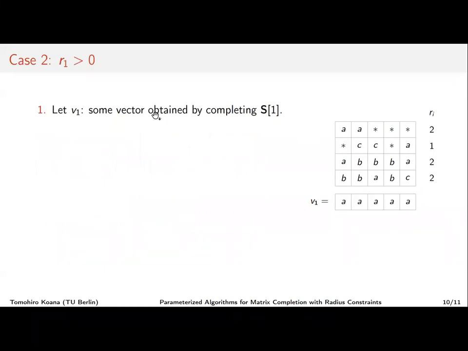So now let's get to the second case, which is a bit more complicated. First we complete B1, the first row vector, in an arbitrary way. Let's say that we complete it by all A, which is shown below.